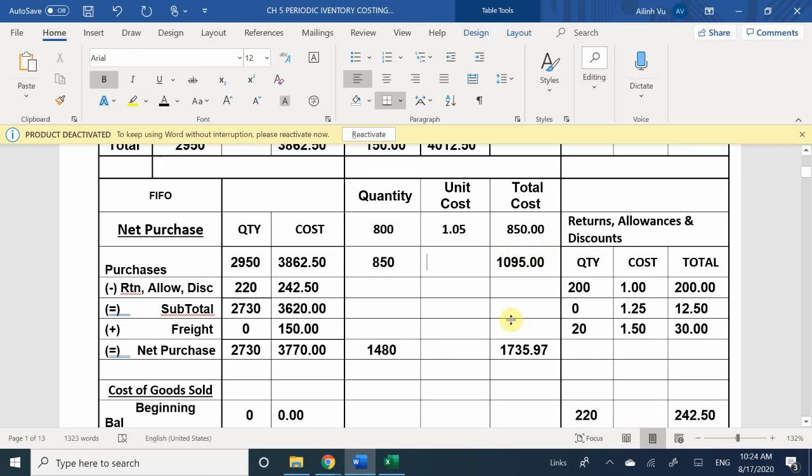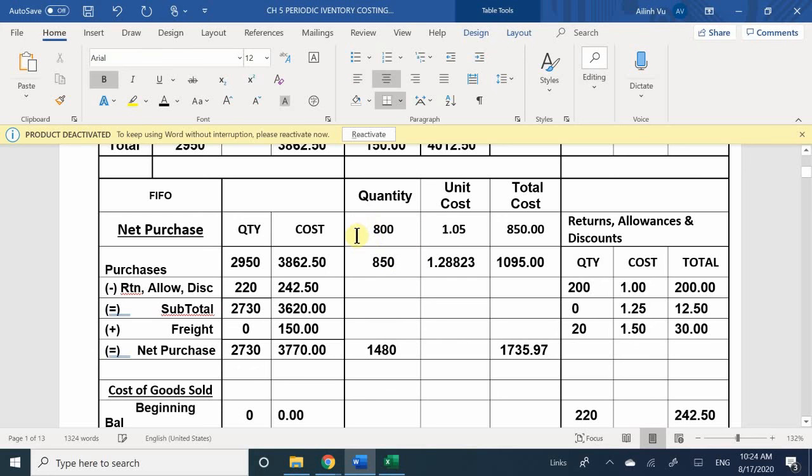So what is $1095 divided by 850? What's my cost per item now because I had a discount? 1.288235294. Yes. Okay, that's enough digits now. Now let's recalculate using this number here.